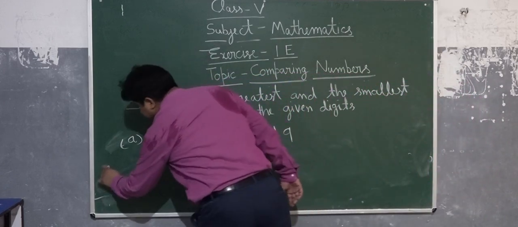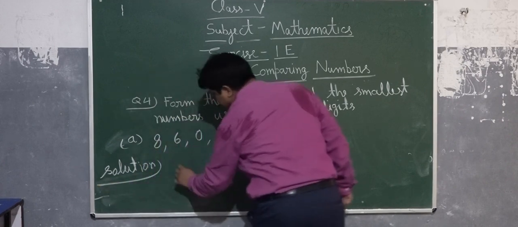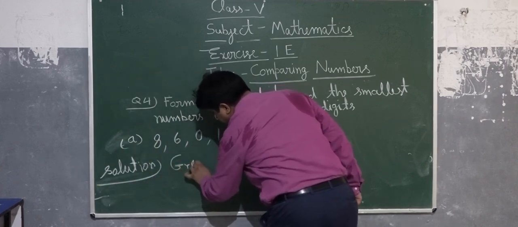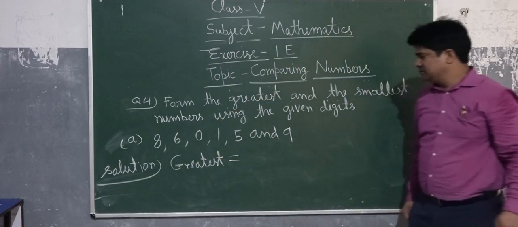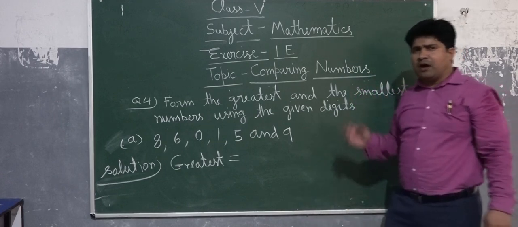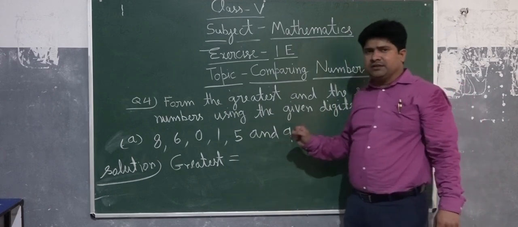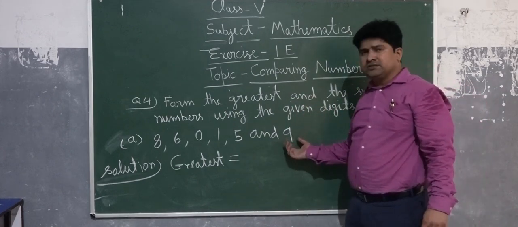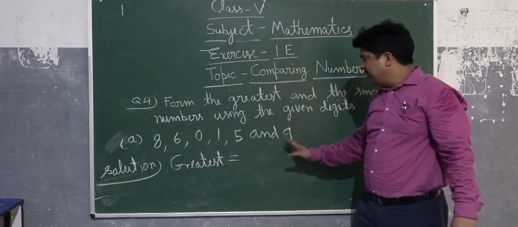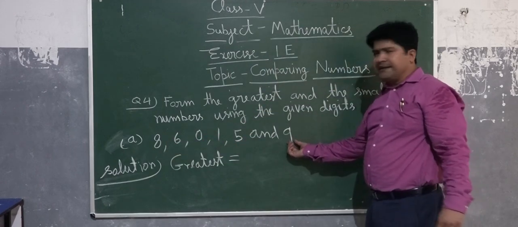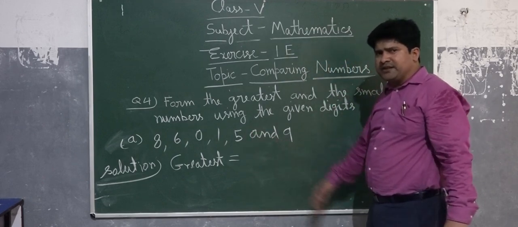So first of all we will make the greatest. How to make the greatest? If you want to form the greatest number, we will place first the number which is greatest. We are looking in these numbers, which one is greatest? 9. 9 will be placed at the leftmost place.